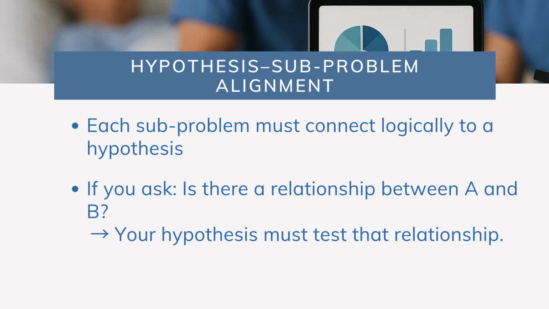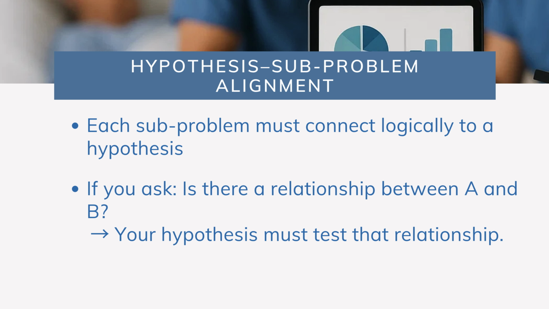If you ask a relational question in your SOP, your hypothesis must test that relationship using statistical analysis. What happens if they do not align? Let us say your subproblem is about infection control compliance, but your hypothesis suddenly tests the relationship between stress and sleep hours.